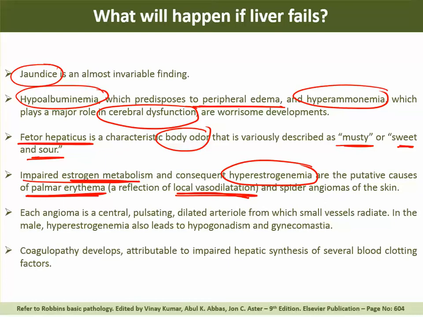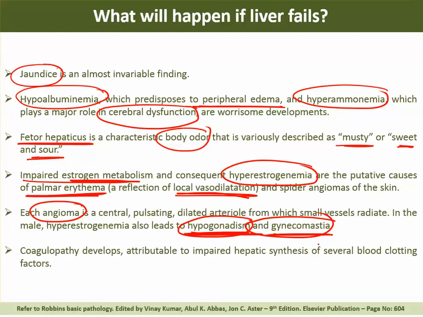So it is called palmar erythema. They also produce angioma, a collection of blood vessels. If it is a male, they have gynecomastia and hypogonadism because of hyperestrogenemia. The male will develop female-like breasts, called gynecomastia, and the testis will go for atrophy.